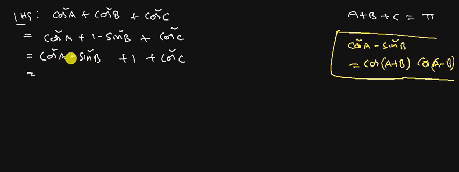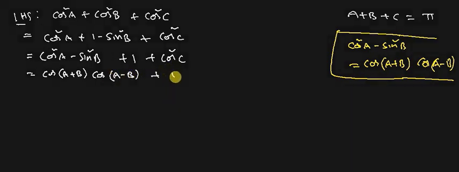Because now look here, cos square A minus sine square B is how much? Cos of A plus B into cos of A minus B. Right, now cos of A plus B into cos of A minus B plus 1 plus cos square C. Okay, and now the same question, how much is cos of A plus B?